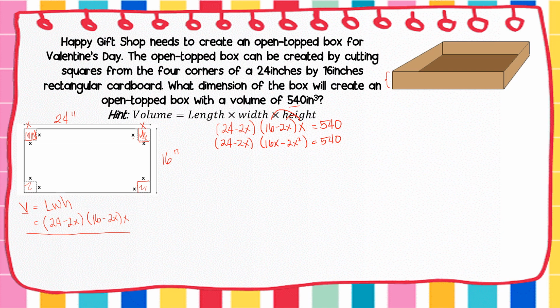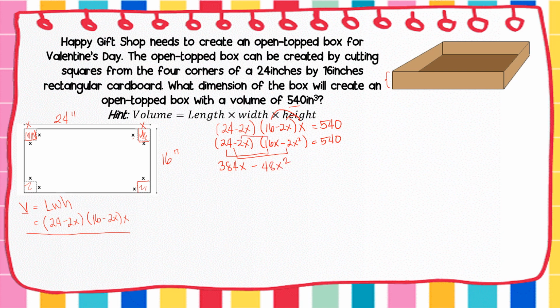Okay. We will do the FOIL method. First, we have 24, sorry, 24 times 16, that is 384x. Outside, we have 24 times negative 2x, that is negative 48x squared.